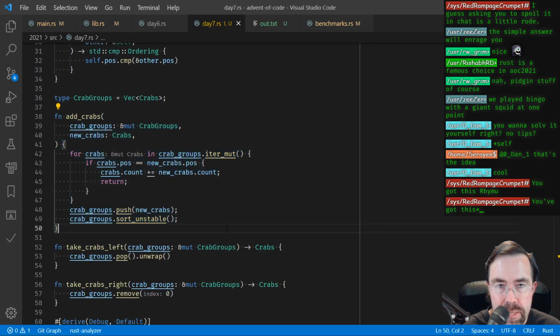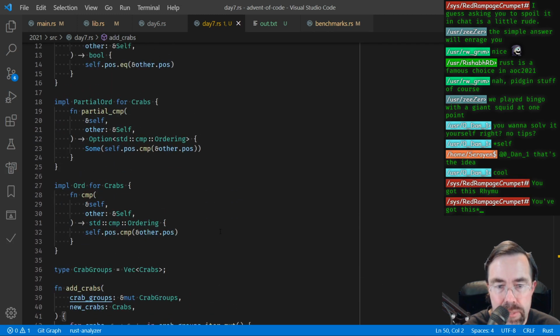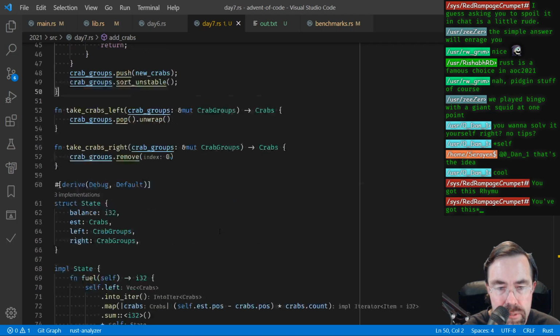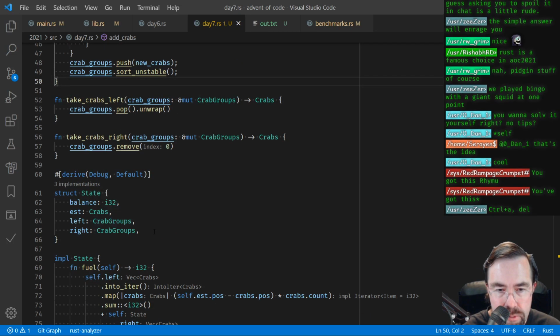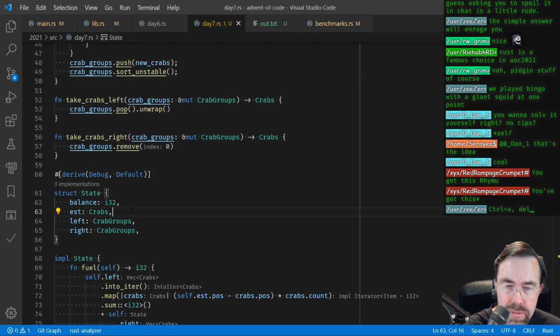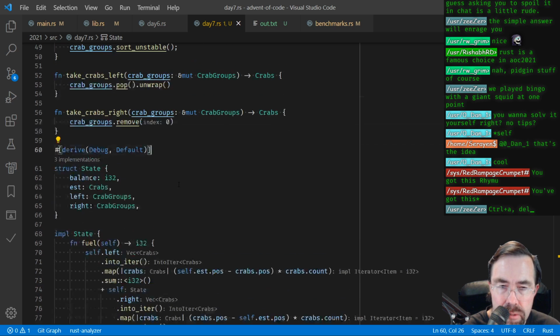I still have my crab groups, but I don't need a left-right anymore. Where was that? The state. I don't need this left-right stuff. I don't need an estimate either. So I just have the crabs and the balance. I don't need the state anymore, do I? Well, the state is convenient for debugging, so let's keep it.